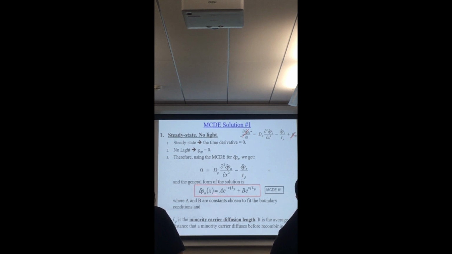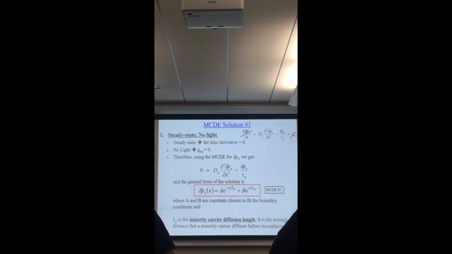And this is the general solution: a constant A times exponential negative x over L sub p, plus B, which is also a constant, times exponential x over L sub p. So A and B are constants, and for certain cases, we would like to solve for A and B based on the boundary conditions.